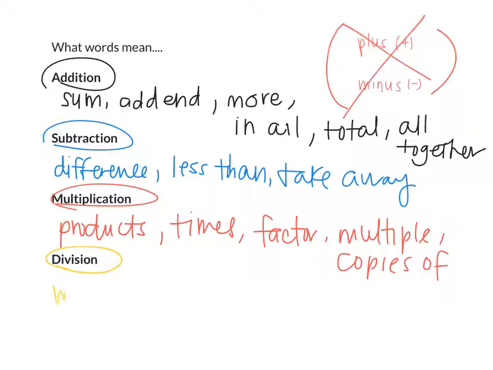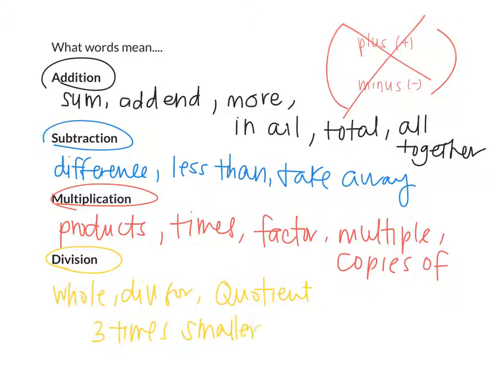We know we have the whole, right? And the divisor. And quotient, yep. What if it's like 3 times smaller than we divide, right? So like 3 times smaller, or 10 times smaller, or 5 times smaller, something times smaller.